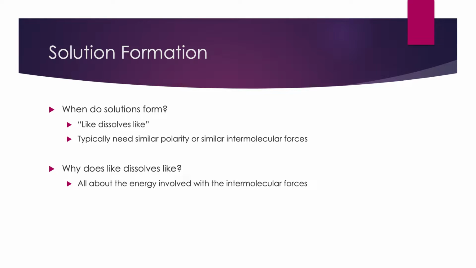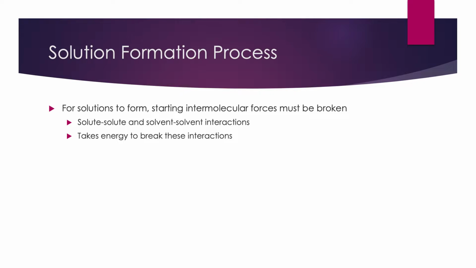Now, in terms of why this really happens, it's really all about the energy that's involved. If you don't have similar polarities or similar intermolecular forces between the things you're trying to mix together to make a solution, they're not really going to interact strongly enough to form that solution. If we break it down into the interactions occurring at the molecular level, there are a few different interactions that have to be broken.